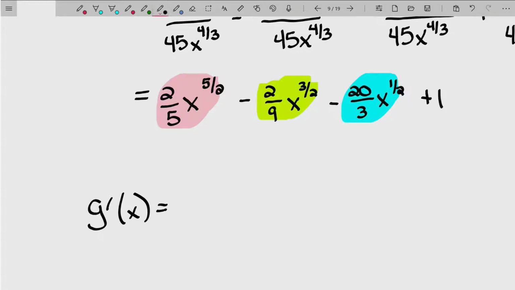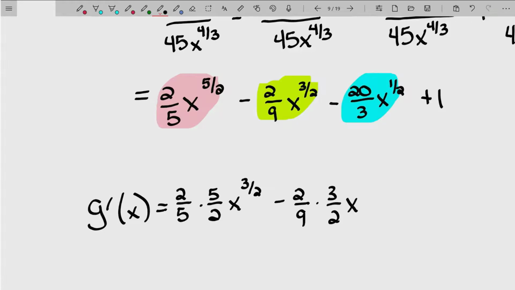Here we go. 2/5 times 5/2 x to the 1 less than 5/2, minus 2/9 times, bring down the power, 3/2, x to the 1 less than 3/2, minus 20/3, bring down the power, times x to the 1 less than 1/2 power.